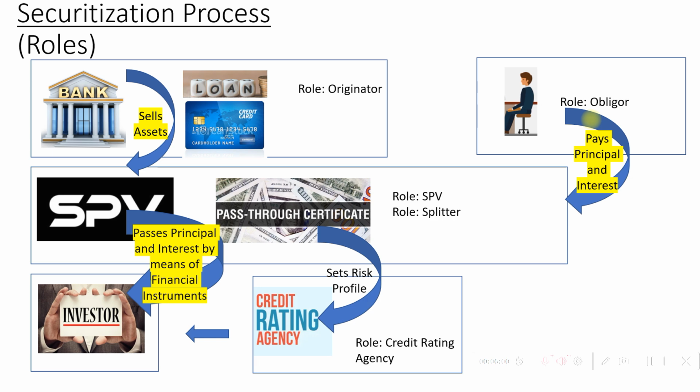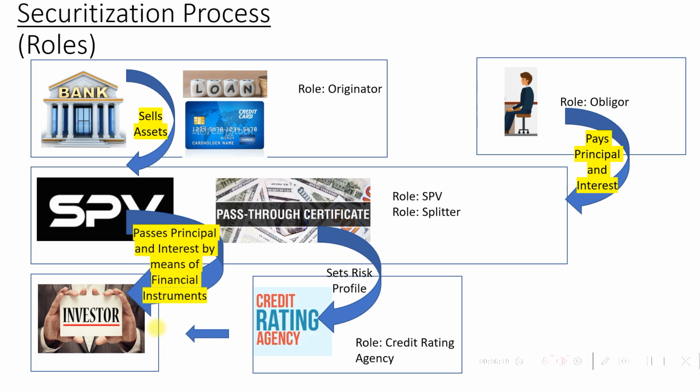And we also have credit rating, which is fulfilled by the credit rating agency. And then we have investors. So that is basically the different roles which are there in the securitization process.